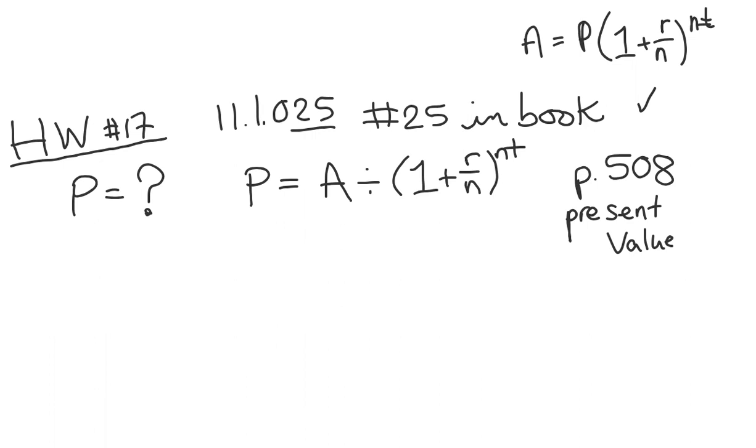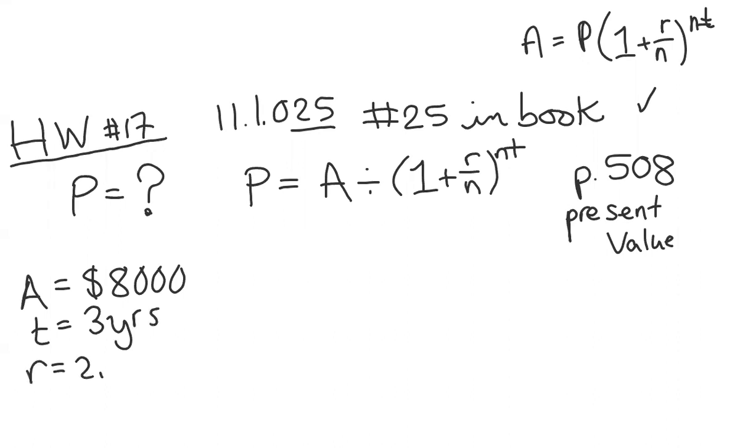Okay, so now we are going to look at, we have achieved a value of $8,000. That was after 3 years and at a rate of 2.5%. 2.5% is 0.025, and we're using simple interest.